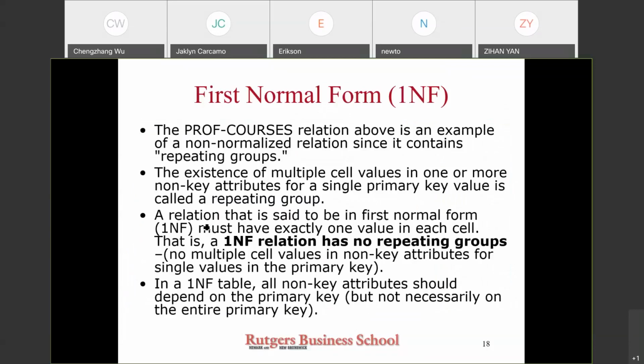So a relation is said to be in first normal form if it has exactly one value in each cell. Or in other words, the first normal form relation has no repeating groups.